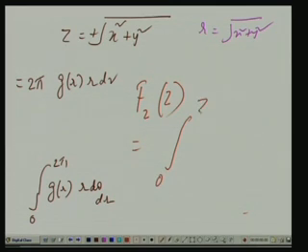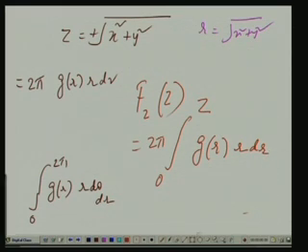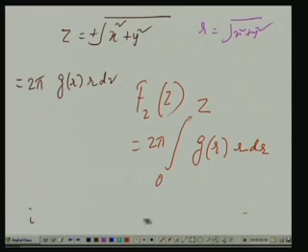So, integrate from 0 to capital Z of 2 pi G r r dr. Okay. So, this is the probability distribution.